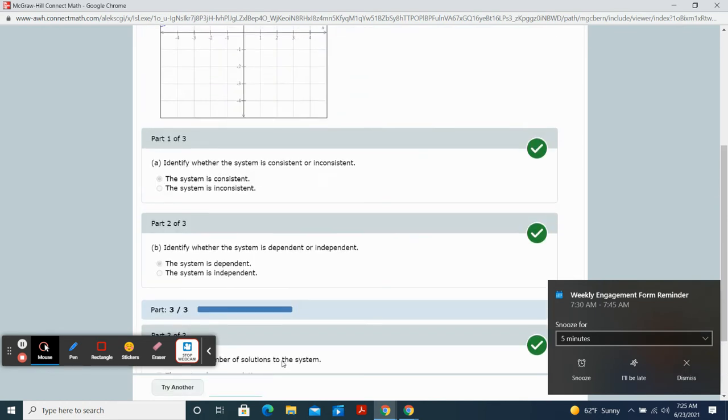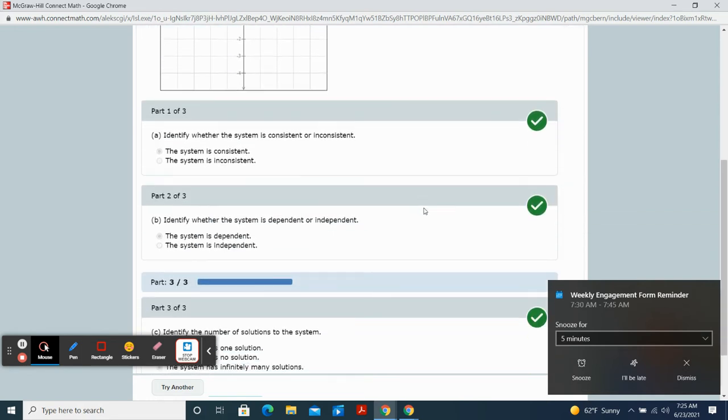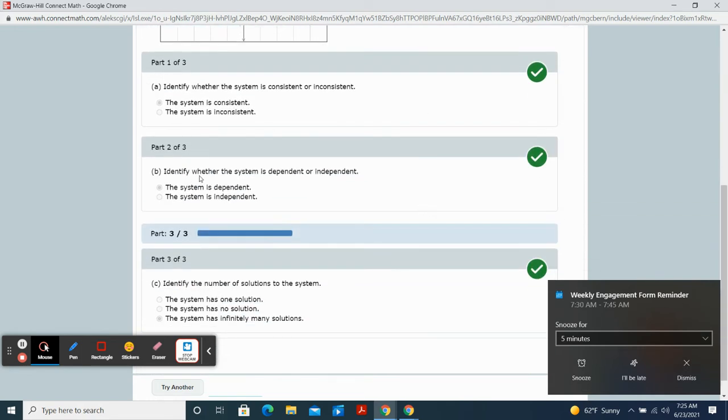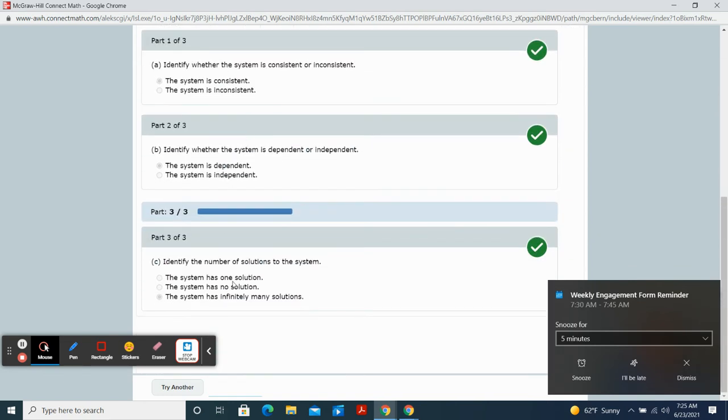So you're not asked to really do any solving. And that's going to be the same for problems 1 through 6. So for 1 through 6, go back to your notes, and you'll have 3 parts: part 1, part 2, part 3. If the two lines cross, it's going to have one solution for part 3.